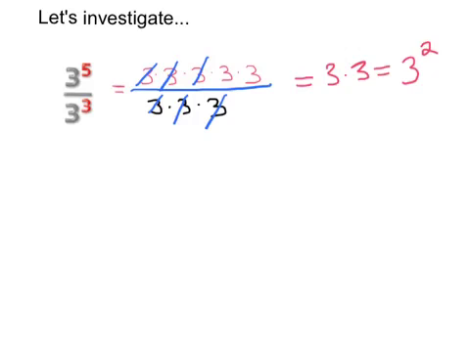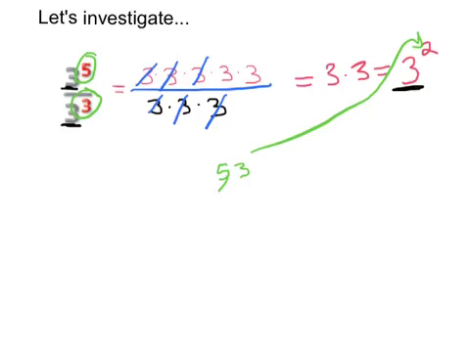So look at the relationship. If we remember what our bases are, we have 3 as our base, so we have 3 as our base, that's the same. Now let's take a look at our exponents here. So our exponents are 5 and 3. So how are 5 and 3 related in a way that'll give you 2?